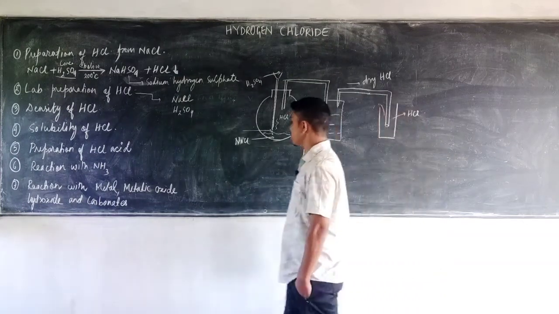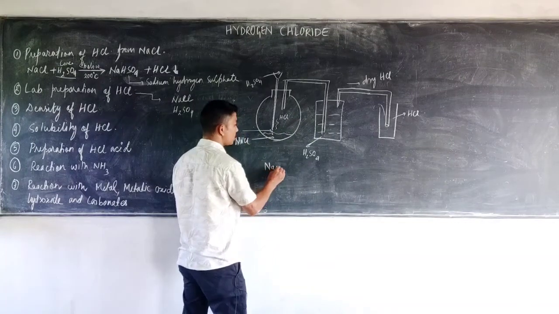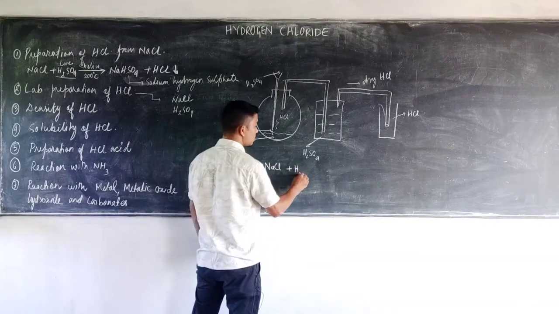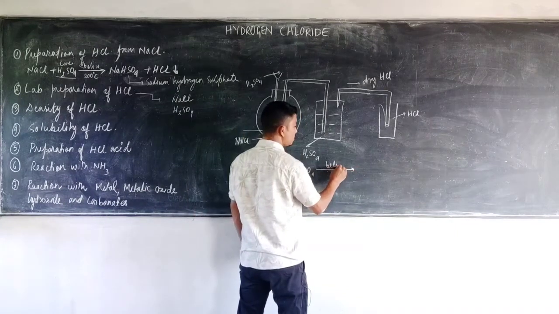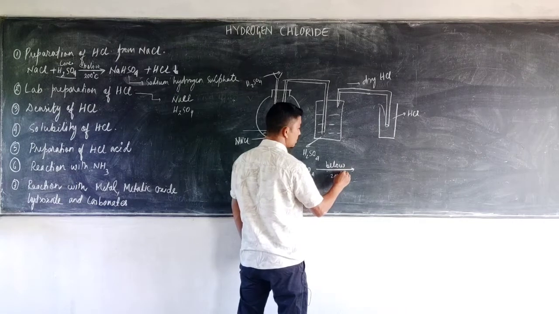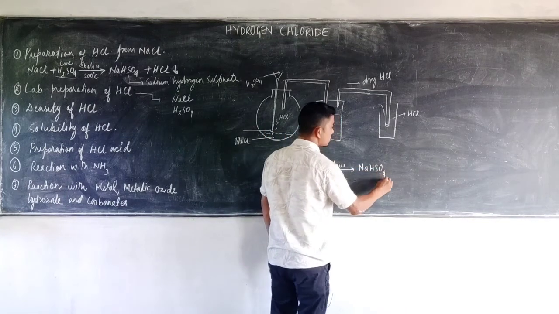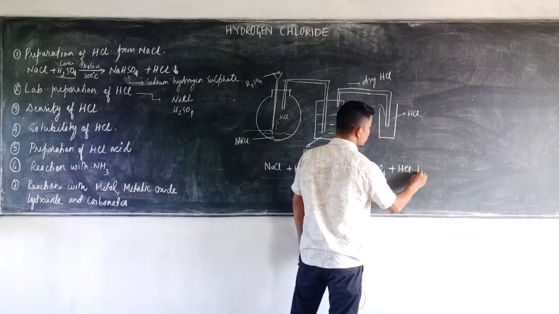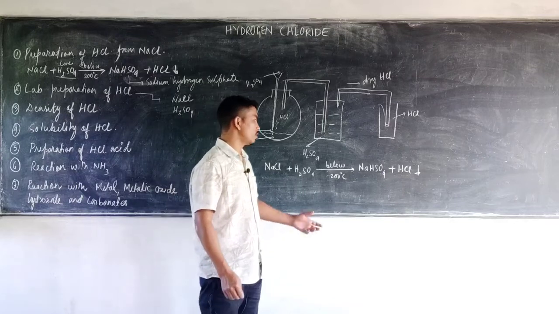The reaction taking place in the laboratory preparation of HCl is, when sodium chloride reacts with sulfuric acid at a temperature below 200 degrees centigrade, it produces sodium hydrogen sulfate plus HCl gas. And this HCl can be collected by the downward displacement of air.